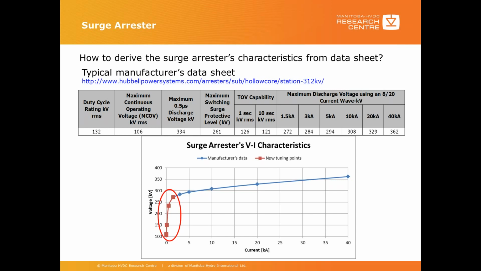As shown here in this example, in the graph, the blue line represents the curve based on data provided by manufacturer. However, to generate the lower portion of the surge arrestor VI characteristics, we need to tune those data such that we get a lower portion of the surge arrestor VI characteristics. Remember this, the lower section needs to be tuned such that the current is very small.